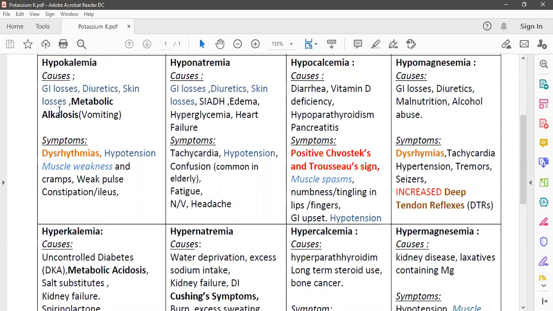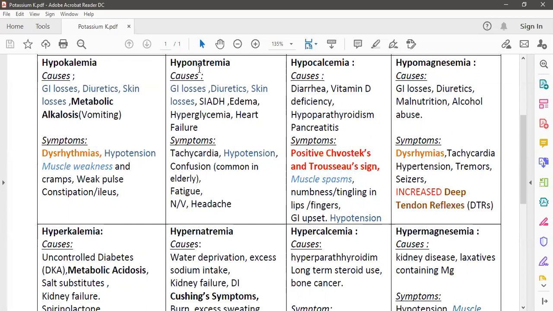Or skin loss. Or if anybody has metabolic alkalosis, they develop hypokalemia. When vomiting occurs, metabolic alkalosis occurs. When diarrhea occurs, metabolic acidosis occurs.